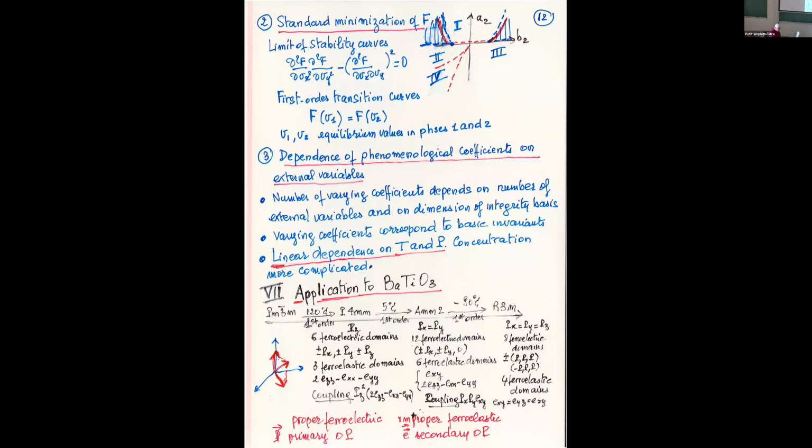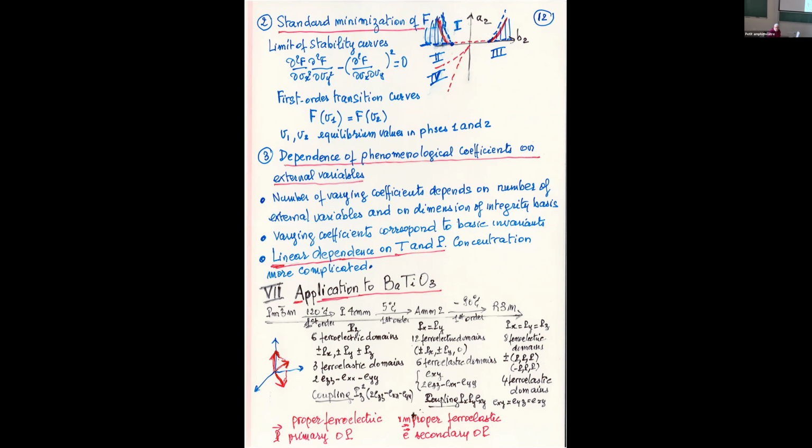Because if you calculate, this comes from another irreducible 3-dimensional representation. In the cubic phase, you have 2 3-dimensional irreducible representations. One spans a vector, the polarization, and one spans the components of the ferroelastic strain.